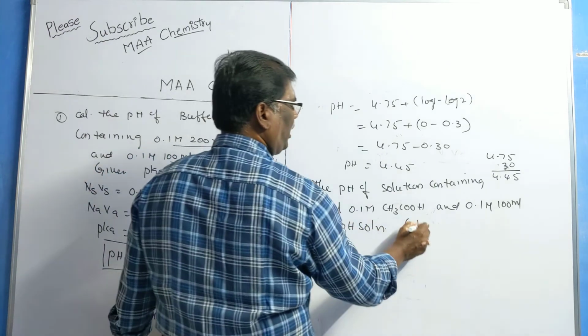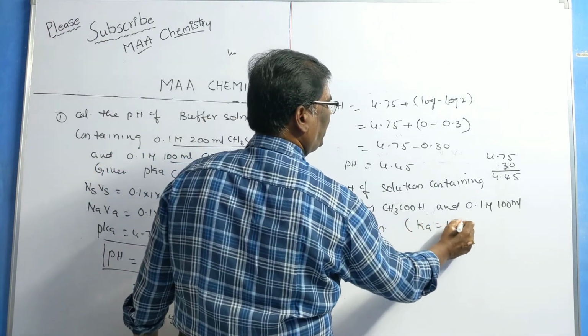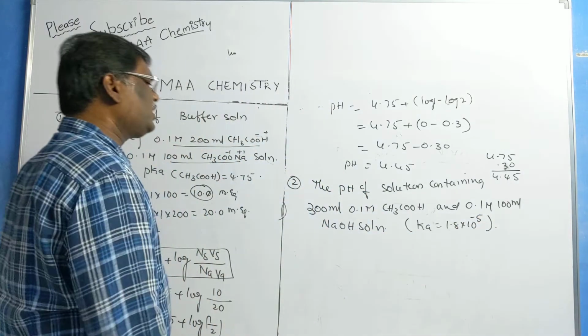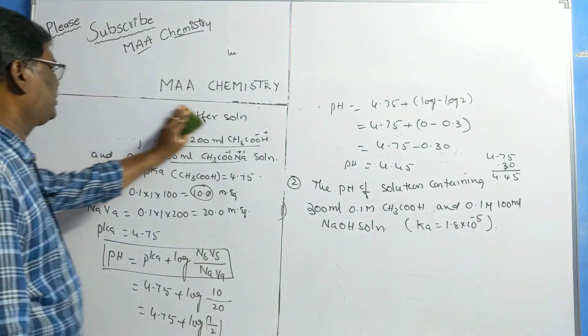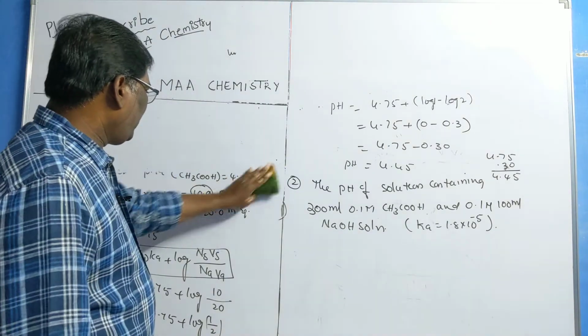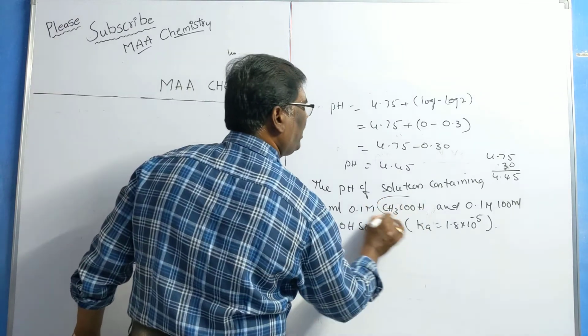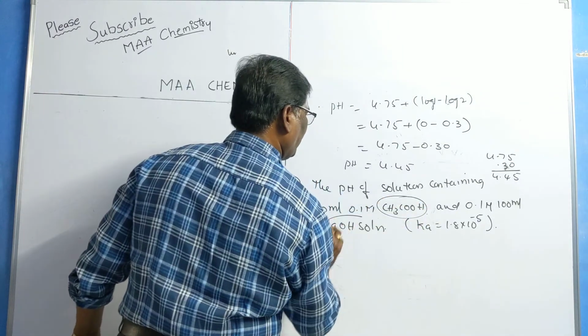Given Ka is equal to 1.8 into 10 power minus 5. Now we have to find the pH. First you study the data: a weak acid and a strong base are given.